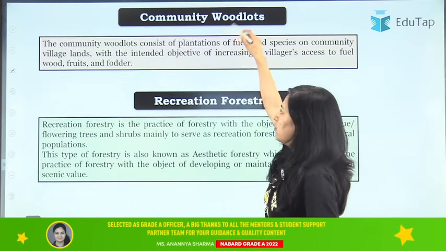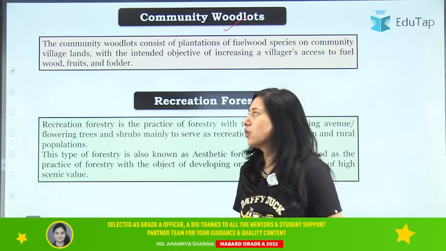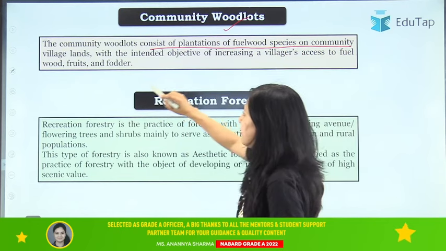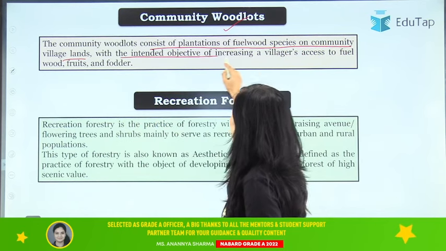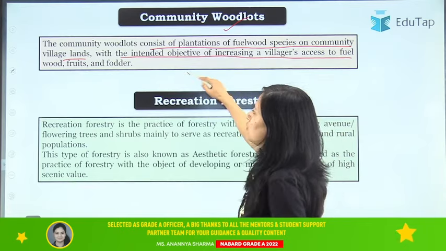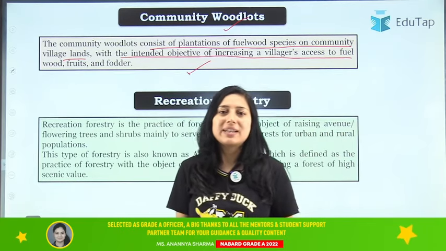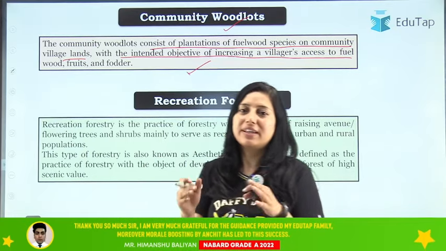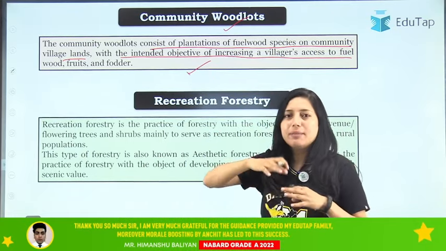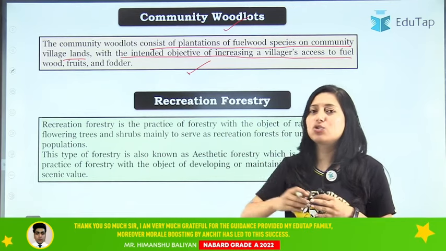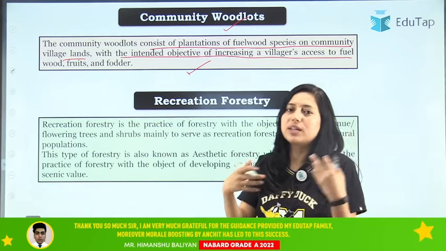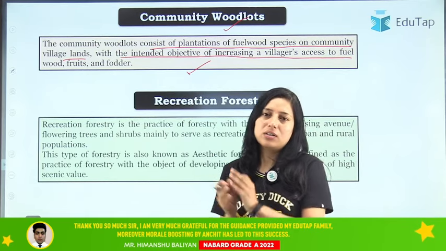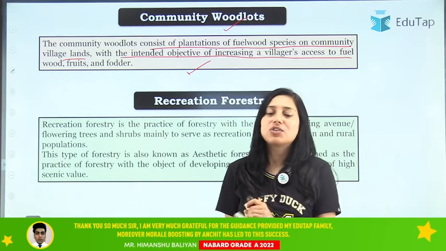Then we have community woodlots. Now what is this community woodlot? It consists of plantation of fuel wood species on community village land with the intent of increasing villager access to fuel wood, fruits and fodder. As the name suggests, whenever we are doing any plantation for the benefit of people, so that they can get fuel from the plantation, or food or fodder for their livestock, that is your community woodlot.